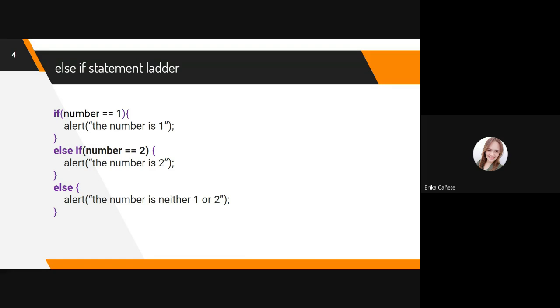Else if number is equivalent to 2, an alert box will display the string the number is 2. And else, an alert box will show the string the number is neither 1 or 2. Actually, the if statement, including the else if statement, is considered the most common type of conditional.